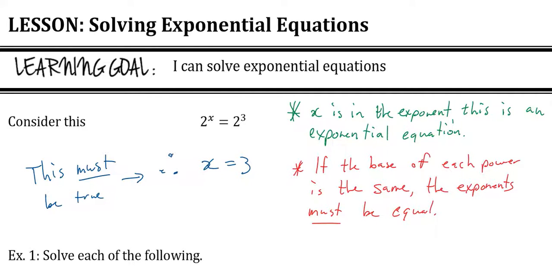So this is our strategy, our technique, our procedure for solving these: to make sure that the base, which in this case is 2, 2 to the x and 2 to the 3, so 2 is the base. If the bases are the same, the exponents must be the same.